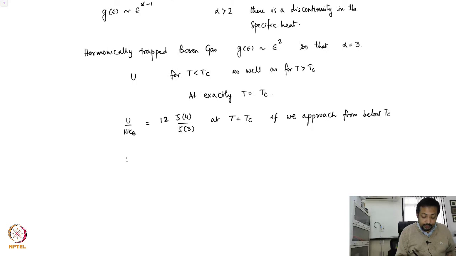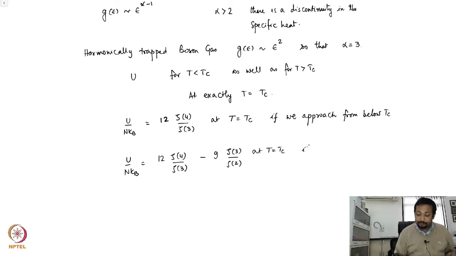In contrast, U over N k_B was 12 zeta 4 divided by zeta 3 minus 9 zeta 3 divided by zeta 2 at T equal to Tc if we approach Tc from above, which means from temperatures T greater than Tc.